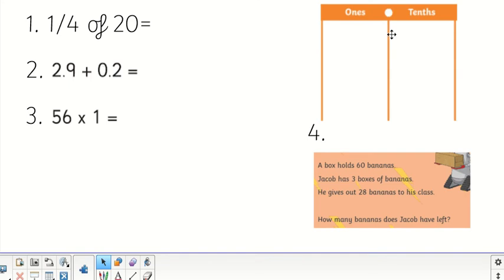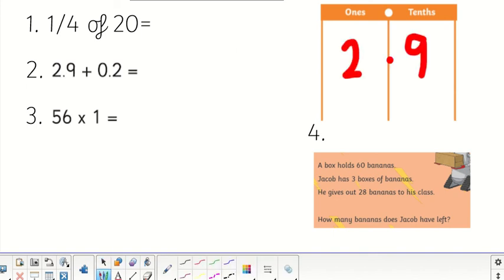Now over here you can see a place value grid. You can see my decimal point is splitting this bit right down the middle here. So if I was to write 2.9 into this grid, it would look like this. This column here tells you that beyond the decimal point, these numbers are called tenths.